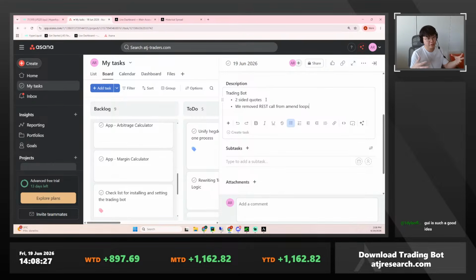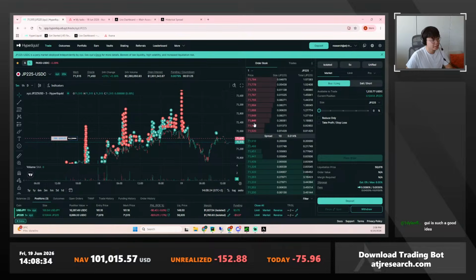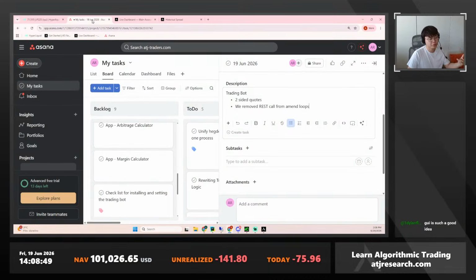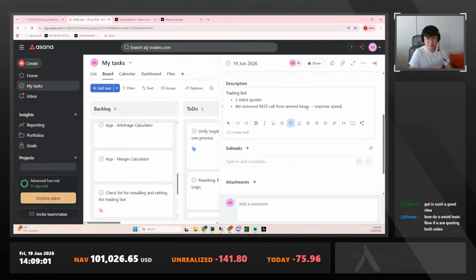When we're quoting the bid and ask prices on Hyperliquid, there was a REST call, which was basically a security check that all orders and all amends are correct. But that slowed down the amend interval, right? So we removed it, we completely moved to WebSockets, and we also moved the signal processing to a separate thread to improve speed. That's the main thing.